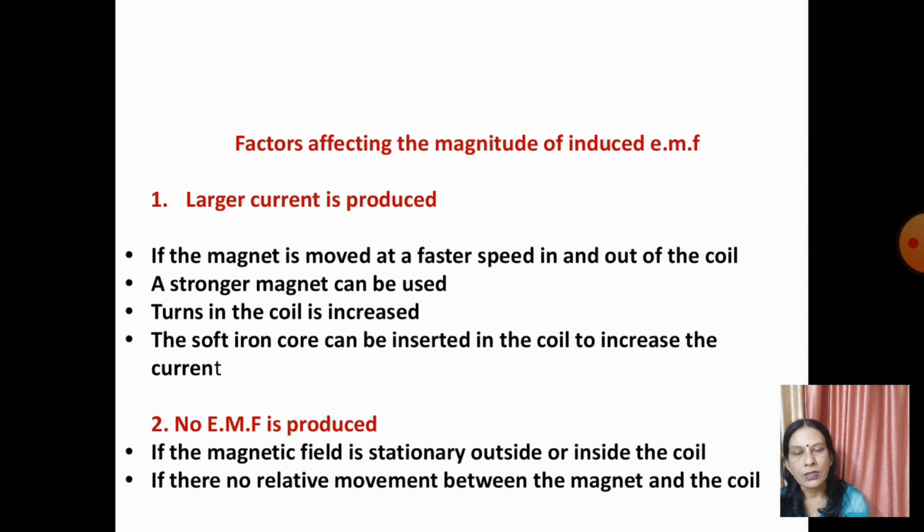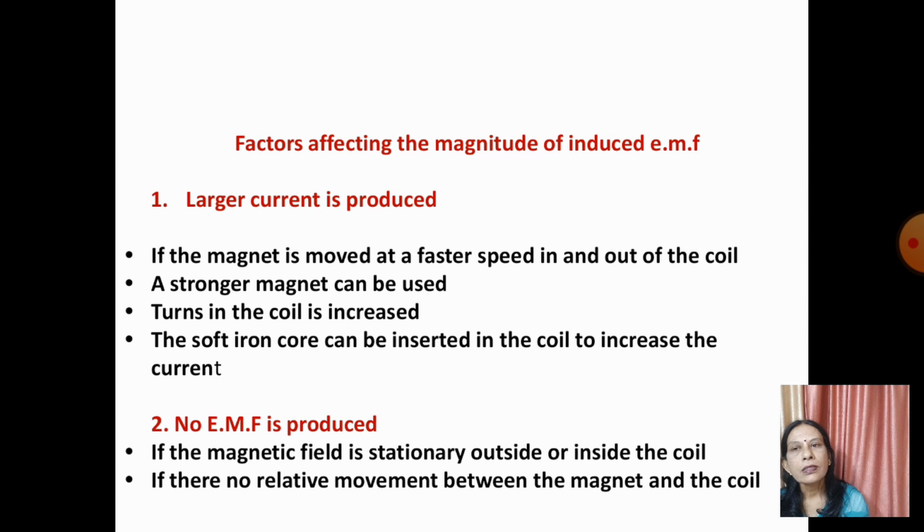If the relative velocity is more, then a larger current can be produced in the coil. Secondly, if the magnet is strong, it will have more magnetic field lines, and more flux will change when there is movement of the magnet. So a strong magnet can also produce a larger current.